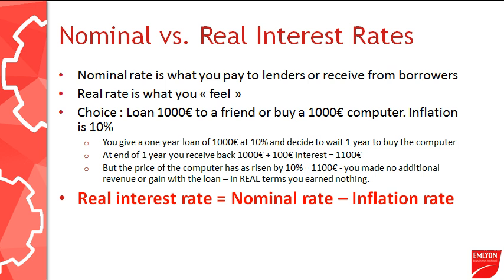So the real interest rate can be defined by the nominal rate, in this case 10%, less the inflation rate, which in this case is also 10%. So the real rate that this person makes in this case is 0. This is how we define the real interest rate.